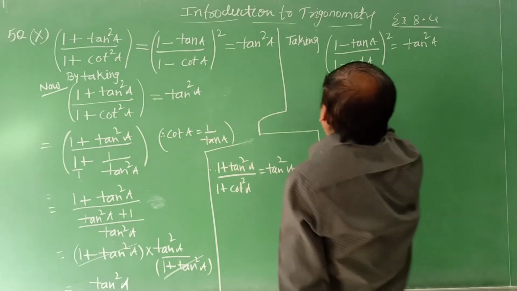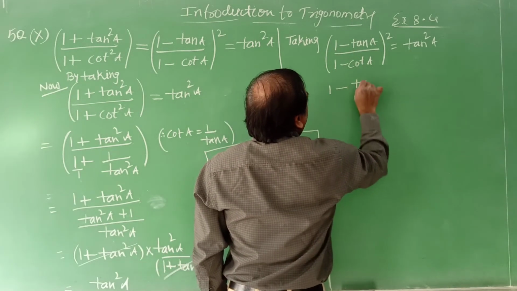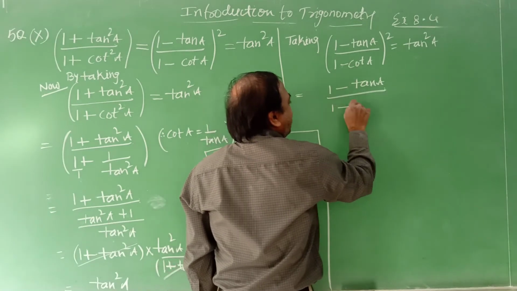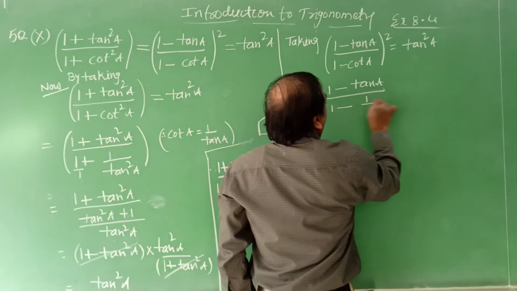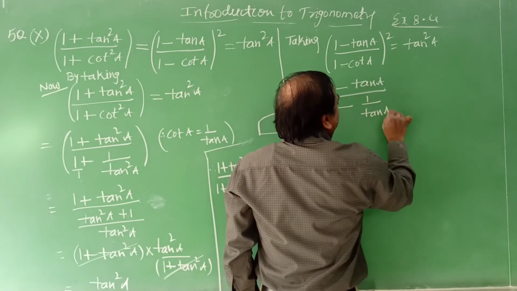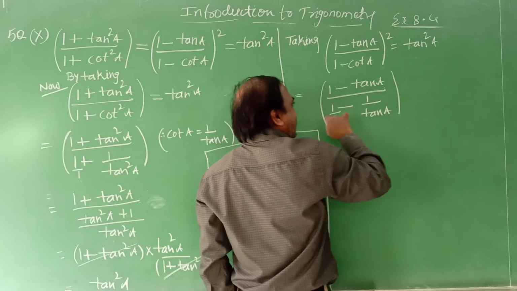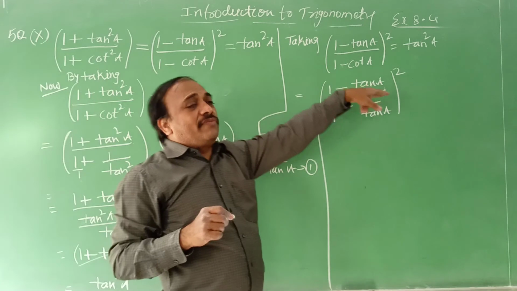So here in this place, 1 minus tan A by 1 minus cot A, I am writing as 1 minus 1 by tan A, and here you can write by 1 whole square this time. Before, the square was only for this, now the square is for the whole.